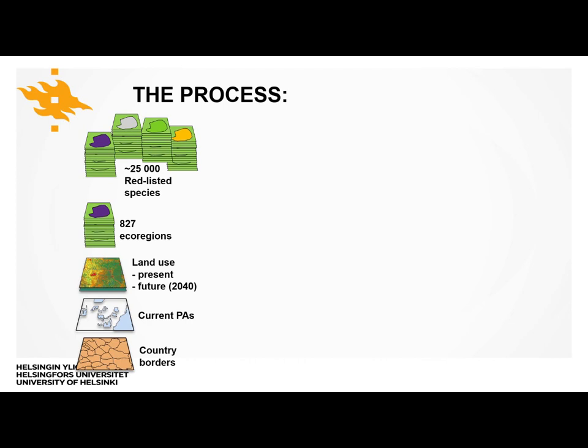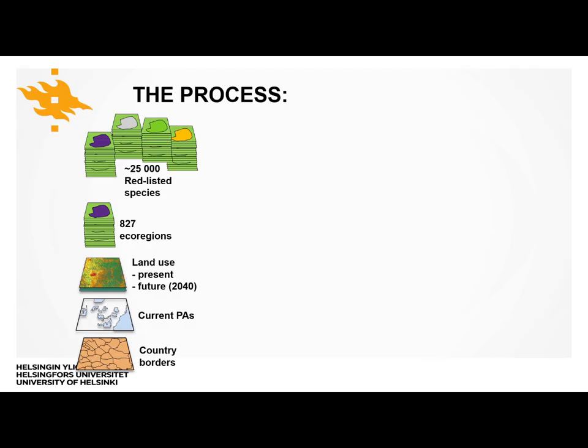And then we carried out the prioritization, which was, at the time, computationally also an exciting thing to do. We used also ecoregions, and then the land use for the present time, and then a future prediction for 2040 for the land use, which was made by Dutch colleagues.